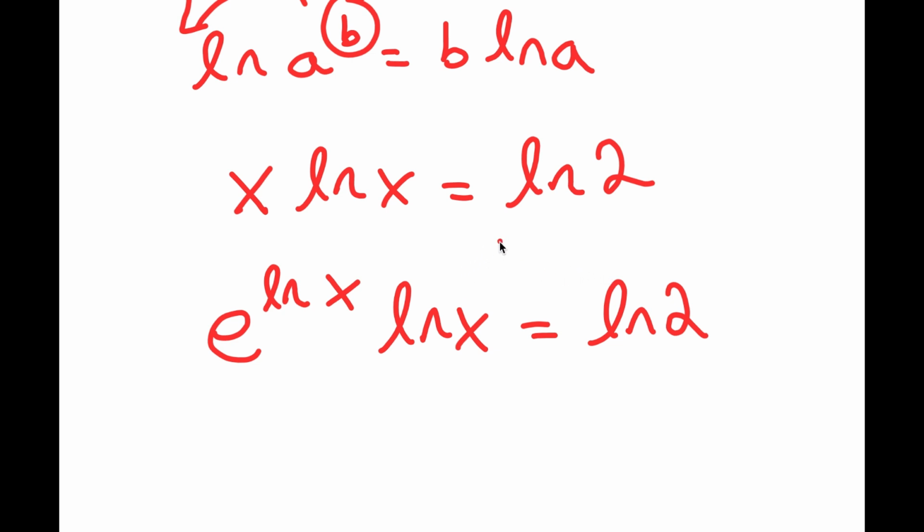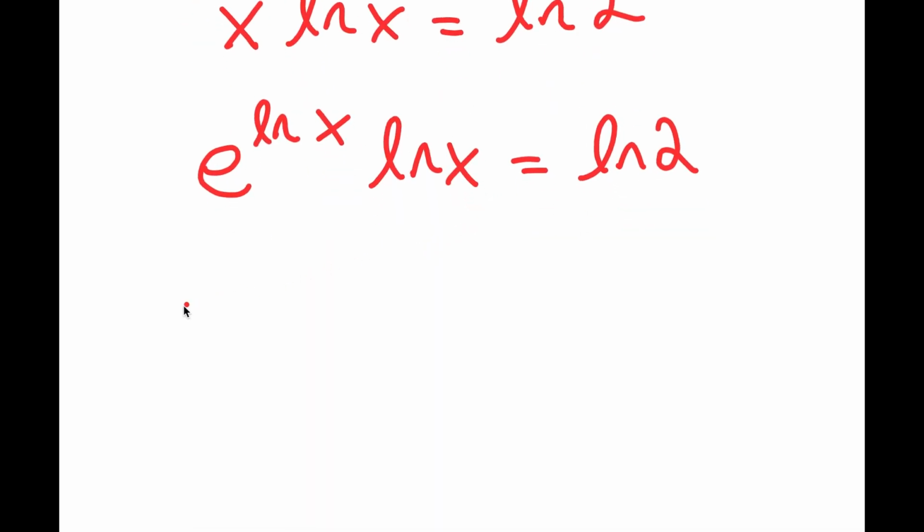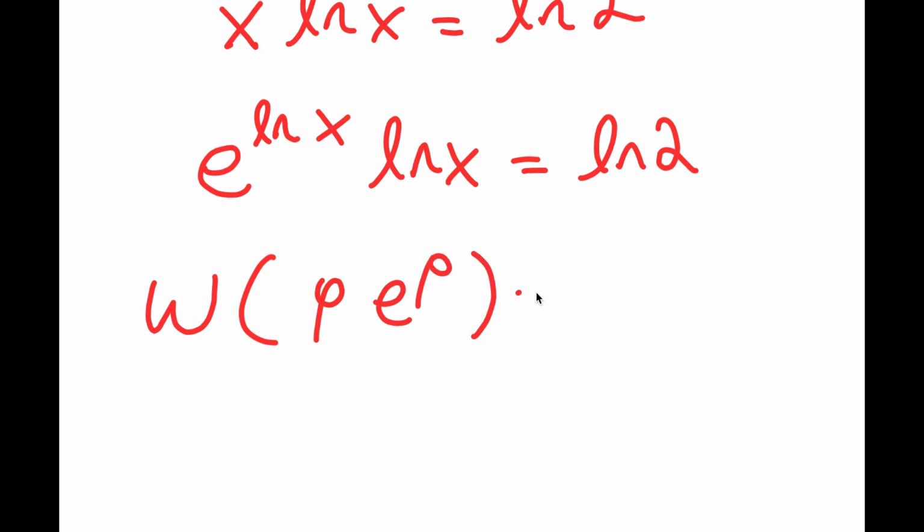And now I'm going to take the W Lambert function. What the W Lambert function is, if I take the W of something in the form p times e to the power of p, this is equal to p.